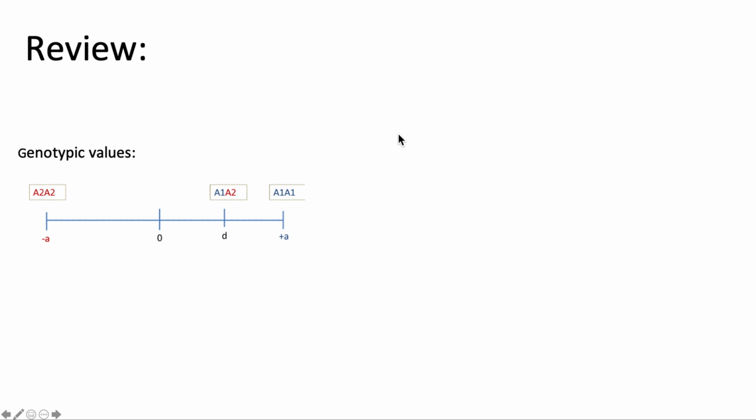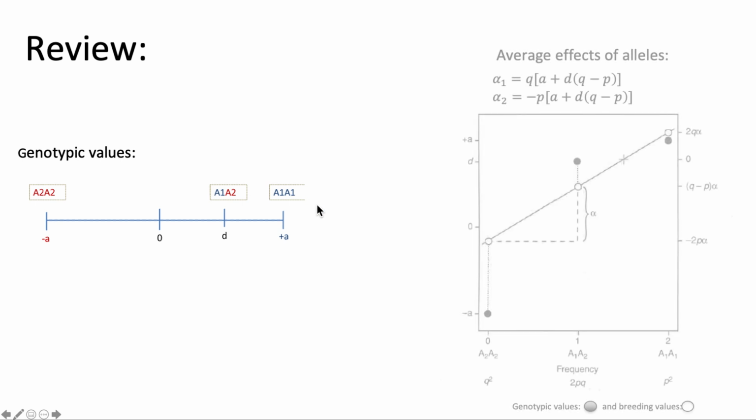And as a short review, I just want you to keep in mind three important concepts. First are the genotypic values. Remember that we have the genotypes, but now we have the additive effects and the dominant deviation. And this dominant deviation is the difference between the heterozygous phenotype and the midpoint between the homozygous.